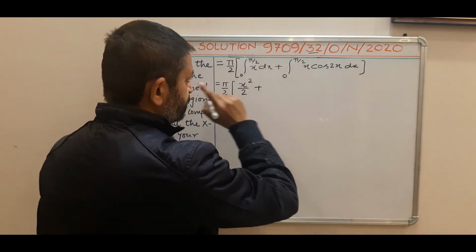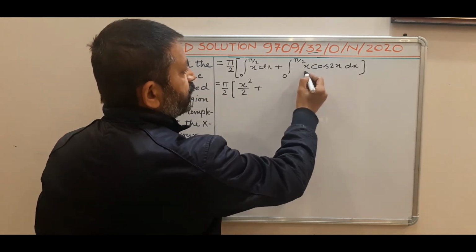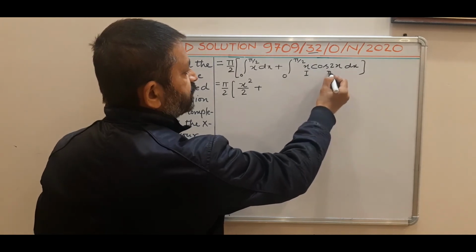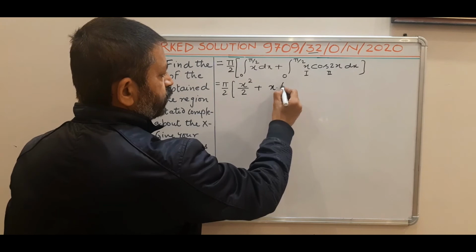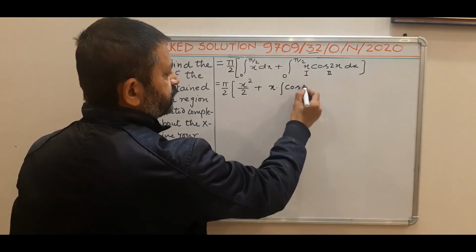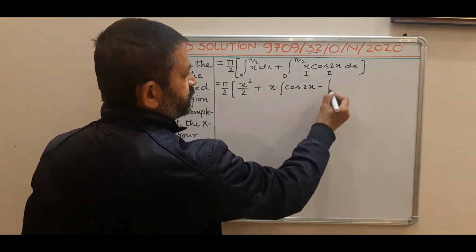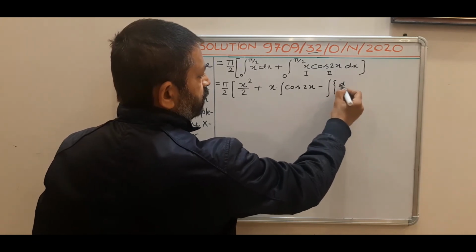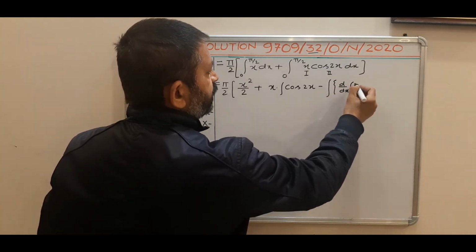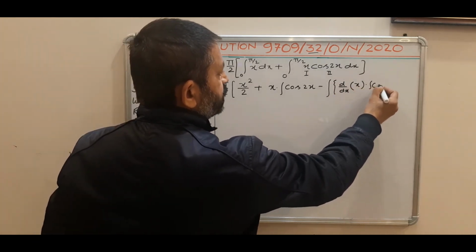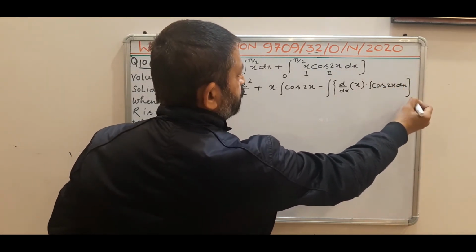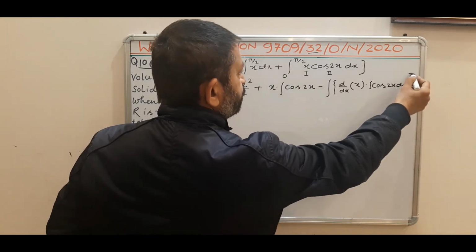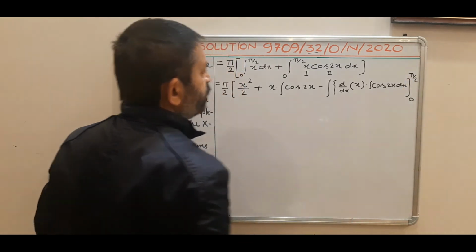As per ILATE, this is algebraic, so this is the first and this is the second function. So first function as it is into integral of second function minus integral of derivative of first function into integral of second function, and I'm putting the limit outside. First we will integrate and then finally we'll put the limits.